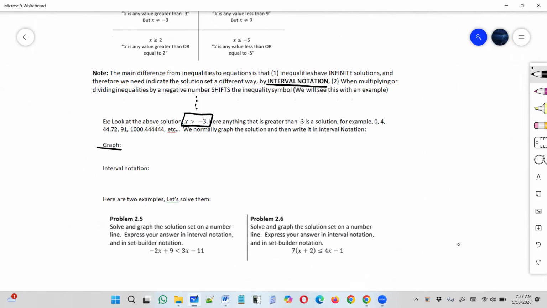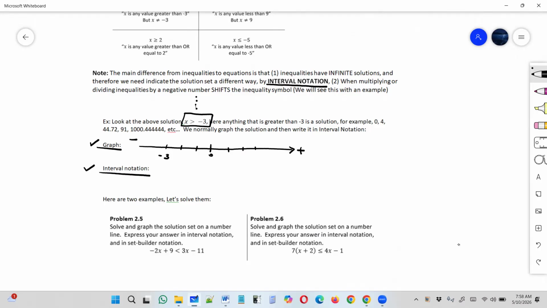We have a process through a graph and then the interval notation to make it easy for you to reach the interval notation. So first we graph the greater than -3. So we graph the algebraic solution. So here's the number line, right? The numbers increase this way and they decrease that way. So this is 0, 1, 2, 3, and so on and so forth. -1, -2, -3. So here's my -3.